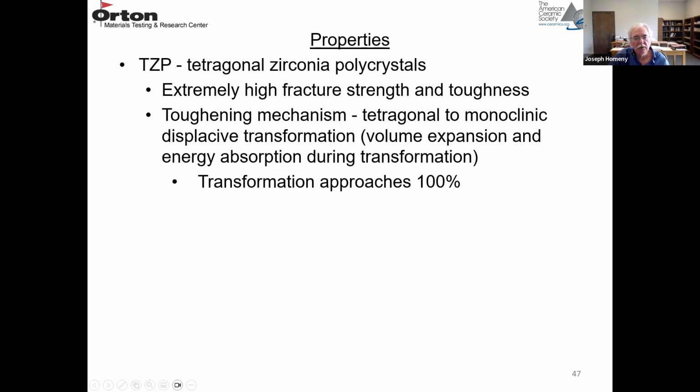The volume expansion puts a compressive stress on the crack tip and stops the crack from moving. Also, there's energy absorption that takes place during that transformation. So when a crack moves through this material, you're going to have 100% transformation: all the tetragonal crystals in the process zone are going to convert to monoclinic.